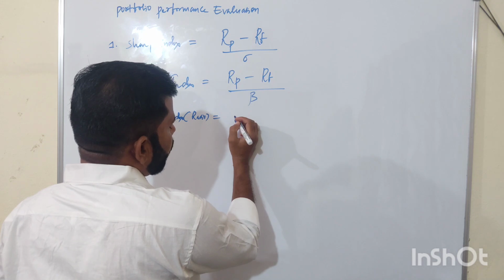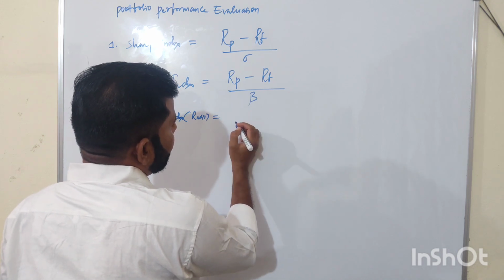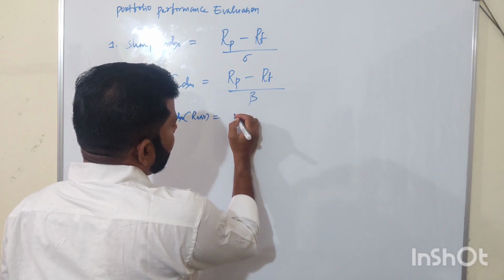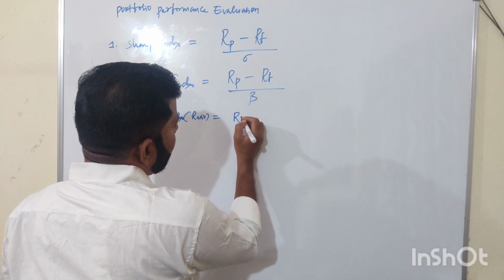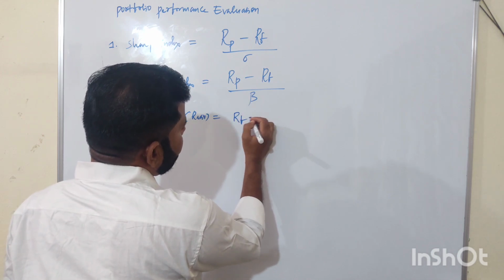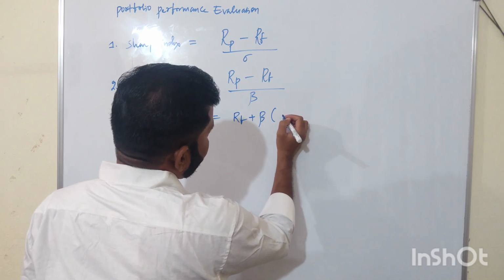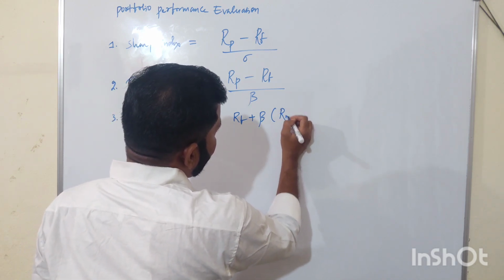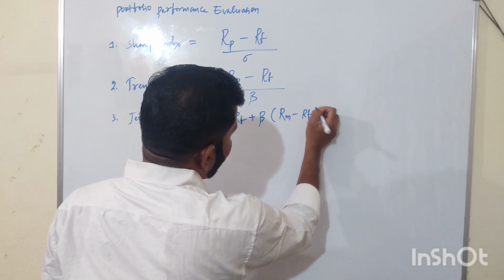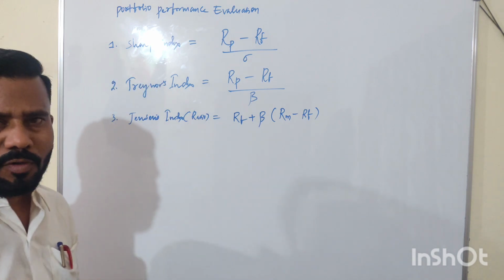So let me write here: RF, risk-free rate, plus beta in a bracket RM minus RF. Is it not a simple formula?